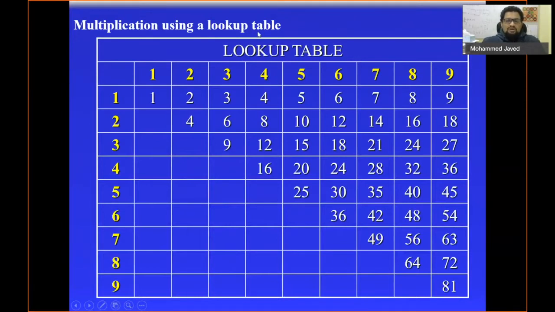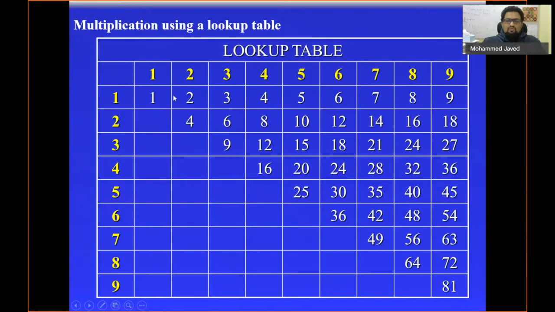Now I want to develop a lookup table for the multiplication from 1 to 9. The numbers are 1 to 9, and I want to design a data structure like this. In the worst case, suppose I want to store the answers of all these tables from 1 to 9. You can see here that 1 into 1 is 1, 1 into 2 is 2, 1 into 3 is 3, 1 into 4 is 4.